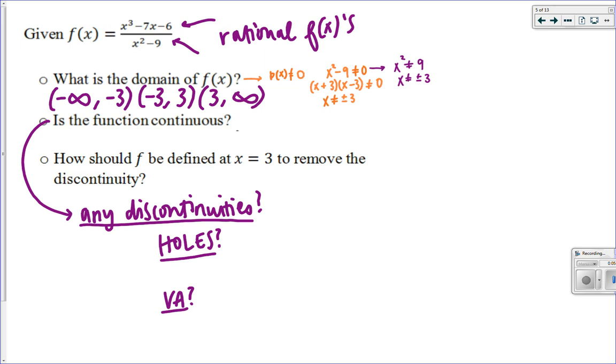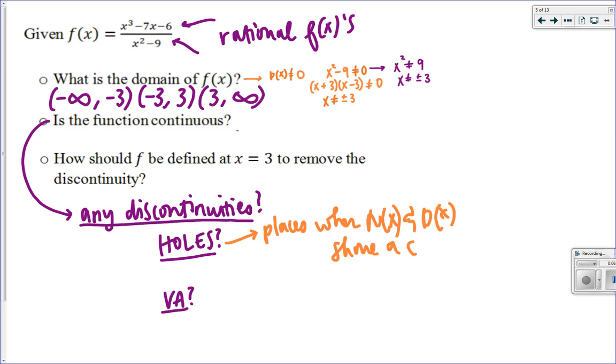If you remember, we had a hole at places where our numerator and our denominator share a factor. I'm sorry, my handwriting is terrible.